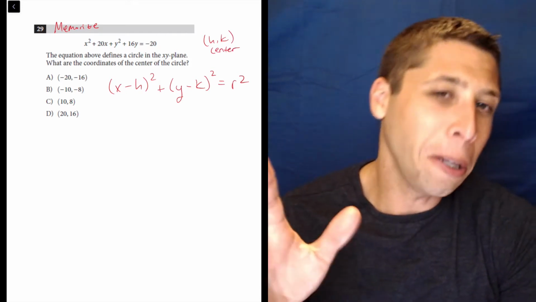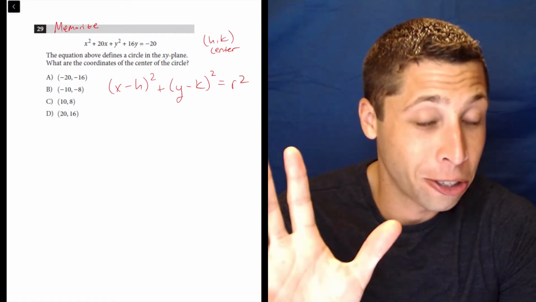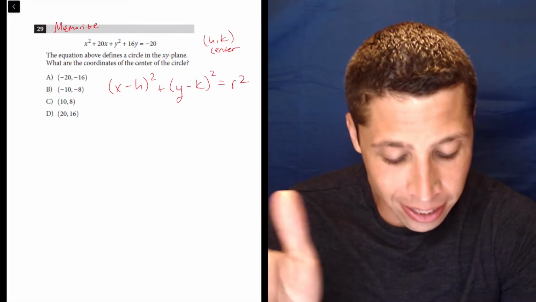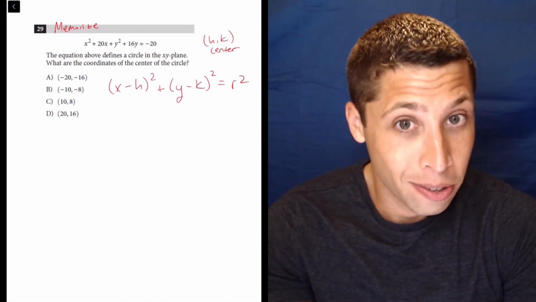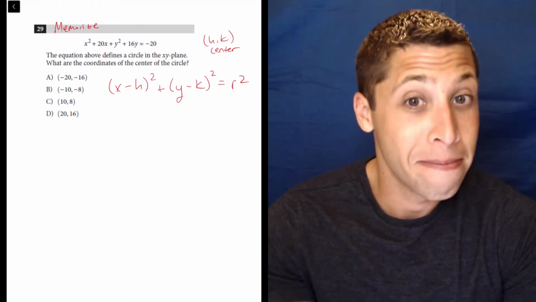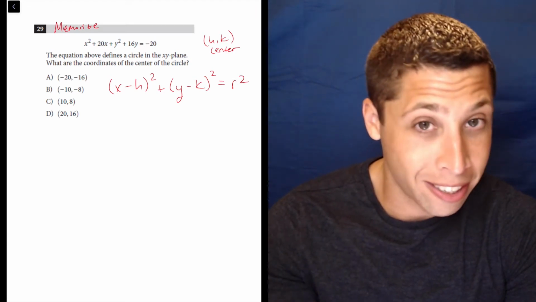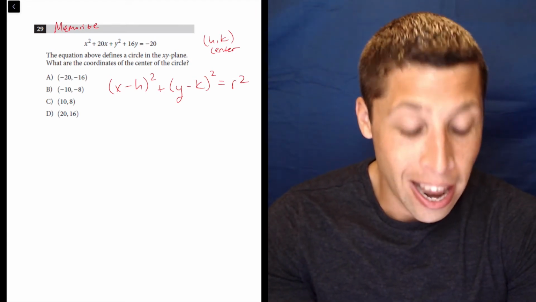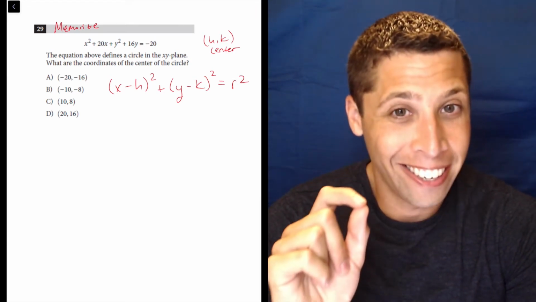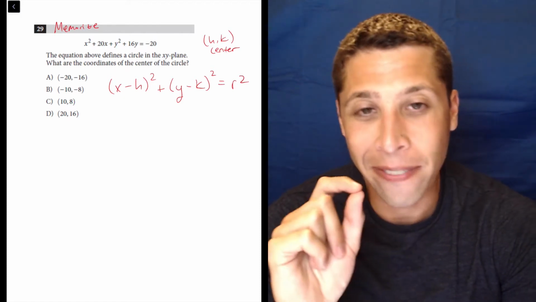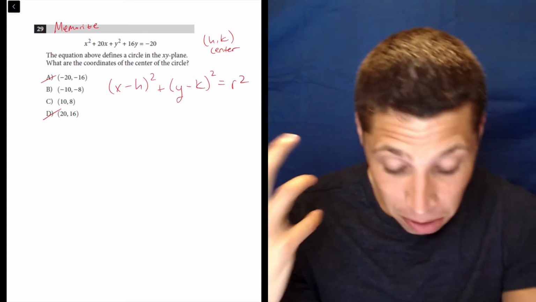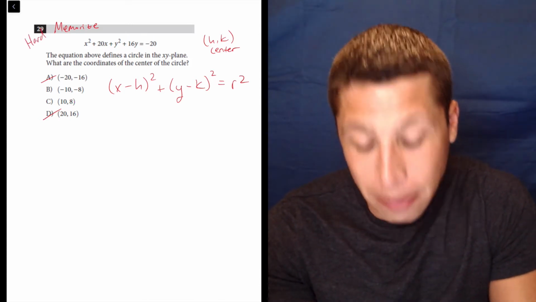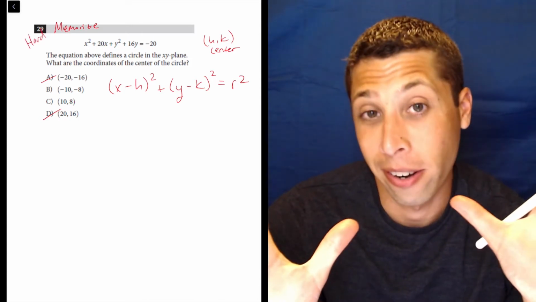Now, one little trick you might use here to increase your odds if you're guessing is you might see that, okay, if I know that this formula exists, even if I don't know how to get it, I might notice there's a 20 and a 16 here. Now, that is not the reason to pick them, right? If anything, that's the reason not to pick them, because this is supposed to be a very hard, time-consuming question, or at least hard.